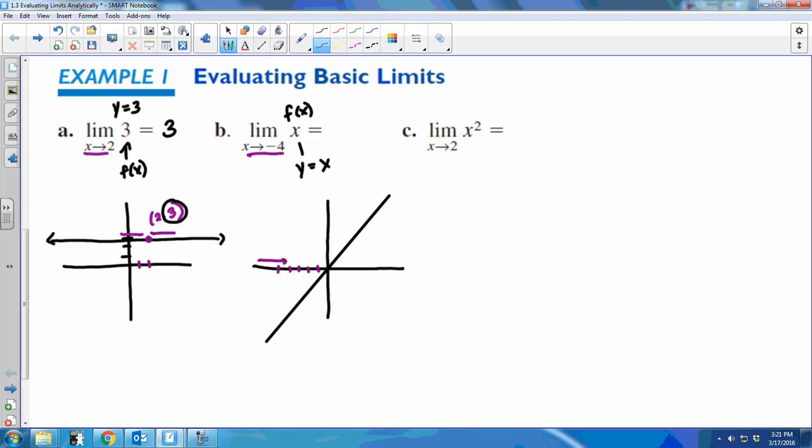Well, from this direction and from this direction, we're approaching this point on the graph. That point is at (-4, -4). How do I know that? Because I put -4 in for x, y equals -4. So my limit value is just -4. You can do that by directly substituting -4 in for x.